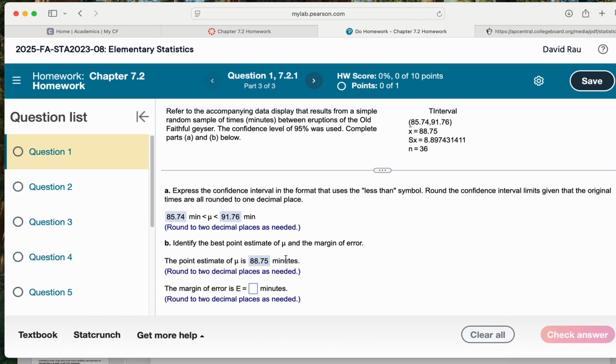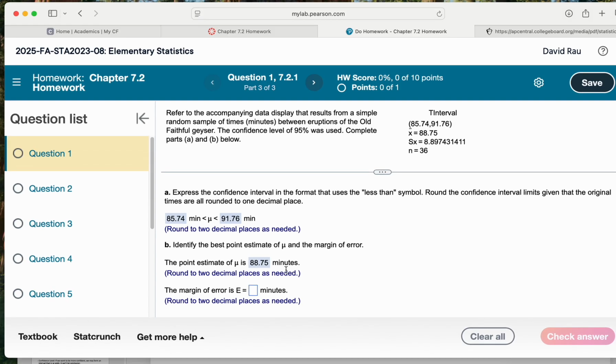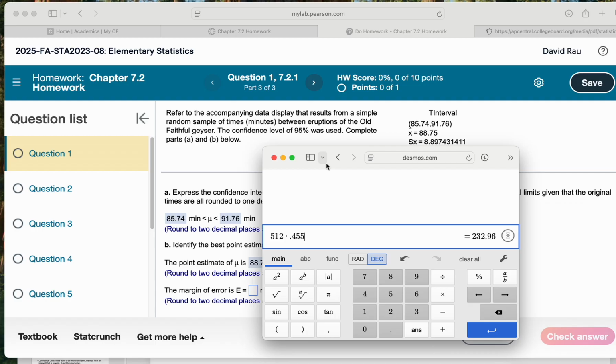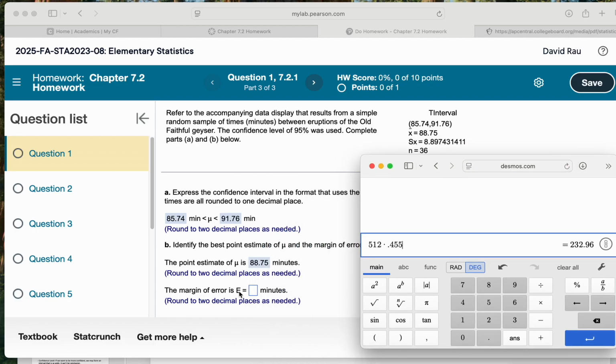Lastly, they want to know what the margin of error is. Now this one is a little bit different because we haven't actually done this yet, but it's still an easy question, because we should know that the margin of error is how I go from my middle value to either of these ends. And so all I need to do is take my 91.76 and subtract my 88.75.